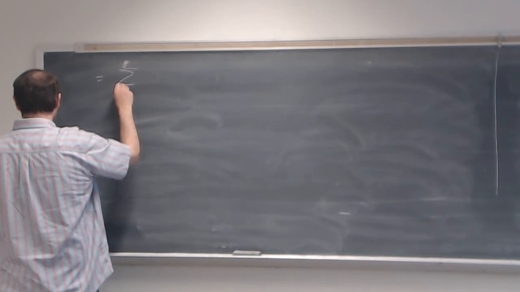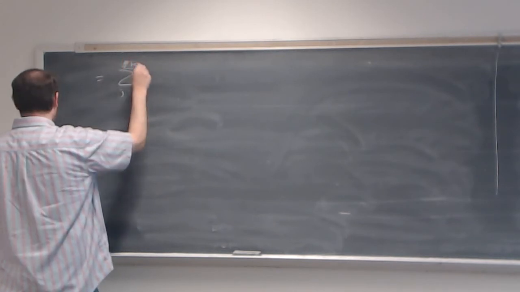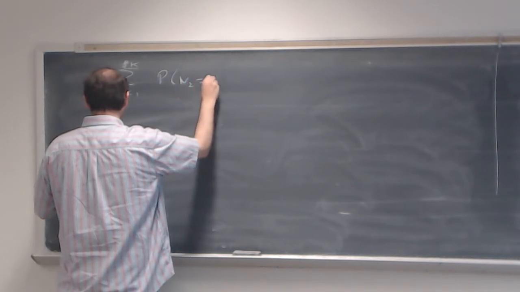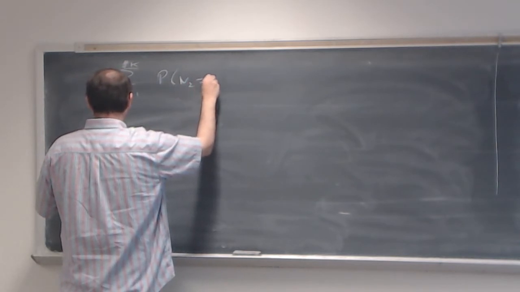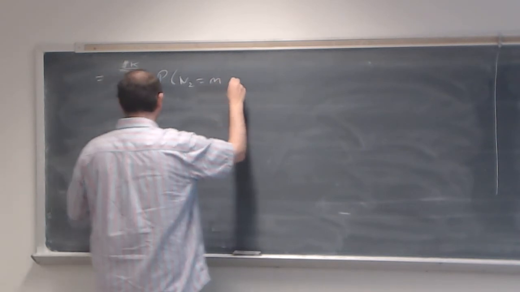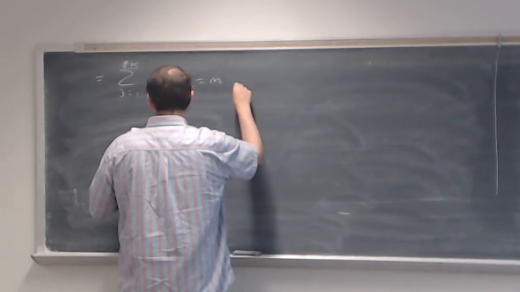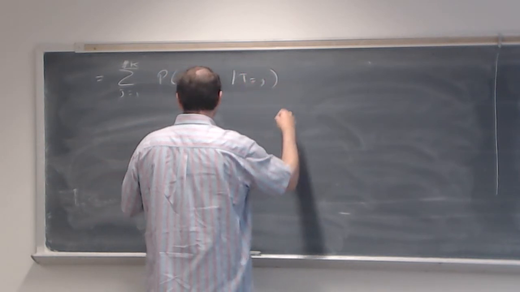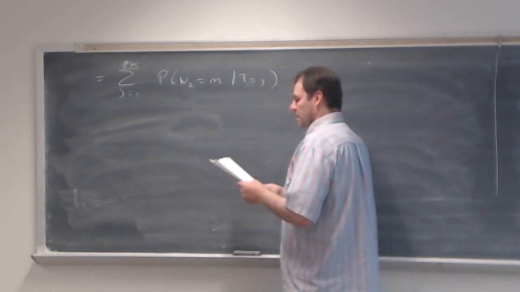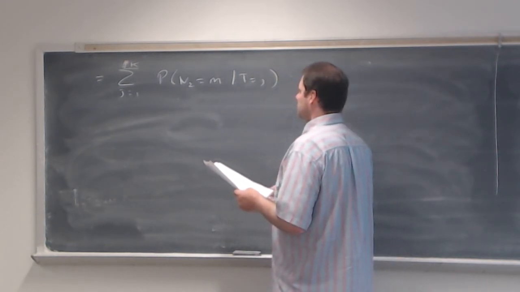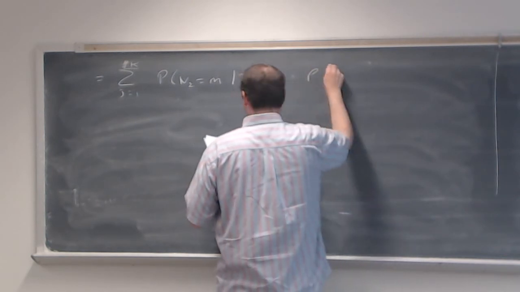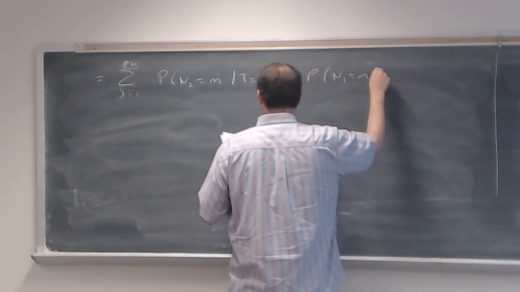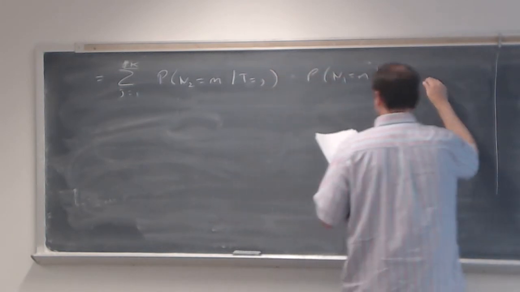That's equal to the sum as j runs from 1 to k, P of n sub 2 equals m, given T equals j, times, okay, that's due to the independence, again, between n sub 1 and n sub 2, times the probability that n sub 1 equals n, and T equals j, given T times.